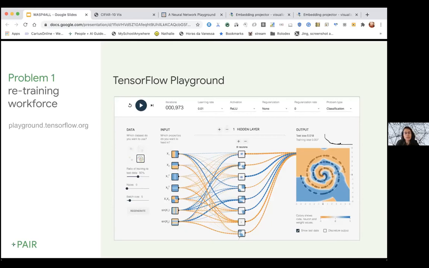And we realized that it was taking a long time for engineers to have an intuition of how machine learning systems worked, and the different kinds of features, what it would mean to play with different features and what the outcomes were. So we decided to explore whether visualizing a small machine learning system would be helpful in educating these engineers. And therefore we created TensorFlow Playground.